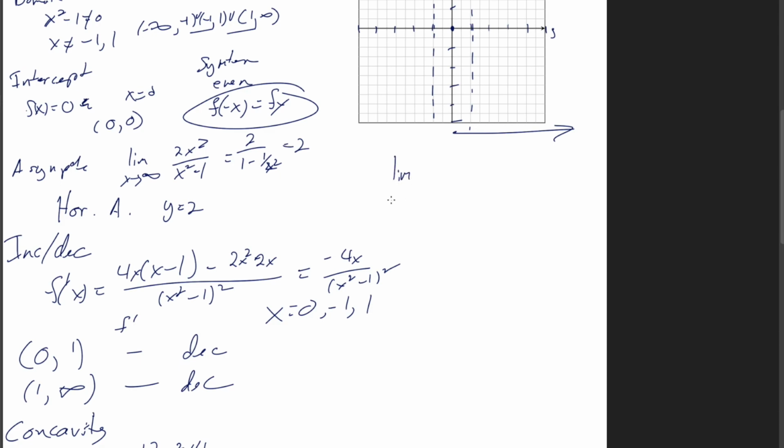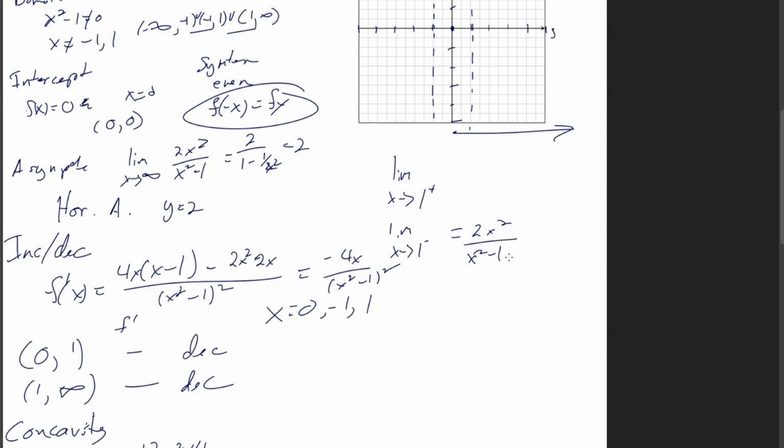Here I want to find the limit as x goes to 1 positive and the limit as x goes to 1 negative. I'd have to do the same for negative 1, but since it's even, we only need to focus on the positive half, and I'll show you why in a second. If I go from 1 negative, so from this side, I have 2x squared over x squared minus 1.